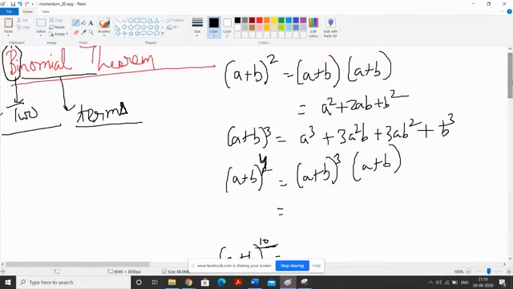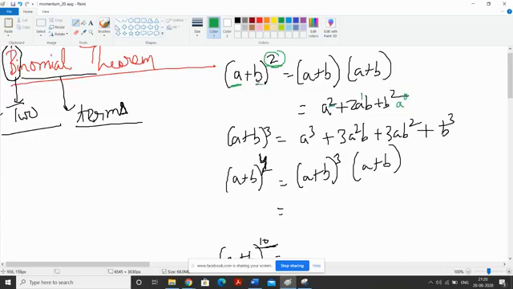As you can see here, if we find (a + b) whole square, the first term starts with the highest power, which is 2, and in the next term the power of the first term decreases by 1, and here it becomes 0.